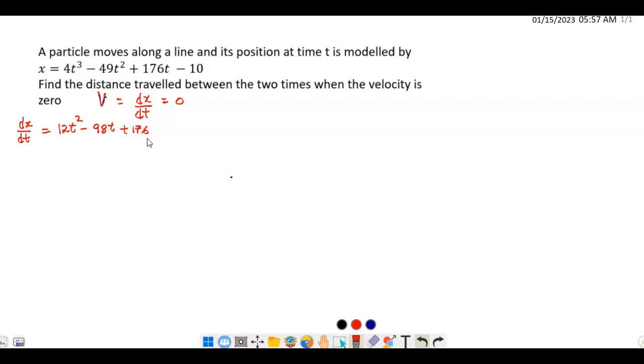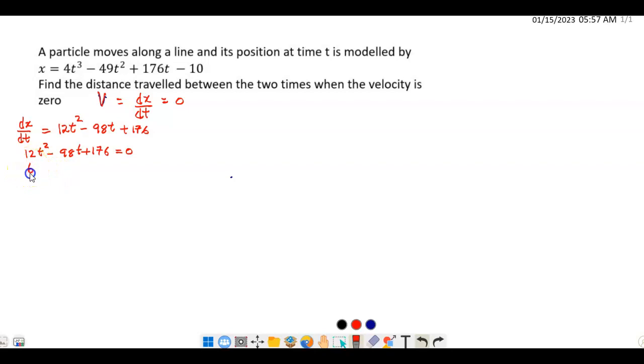So our job now is to equate the velocity to 0 and then factorize it. So we have 12t squared minus 98t plus 176 equals 0. Let's divide through by 2 to make it simpler.